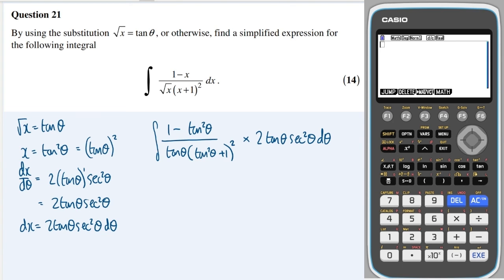Now we know one of our identities which links tan squared and sec squared could be quite useful here. Just remind ourselves what that identity is.